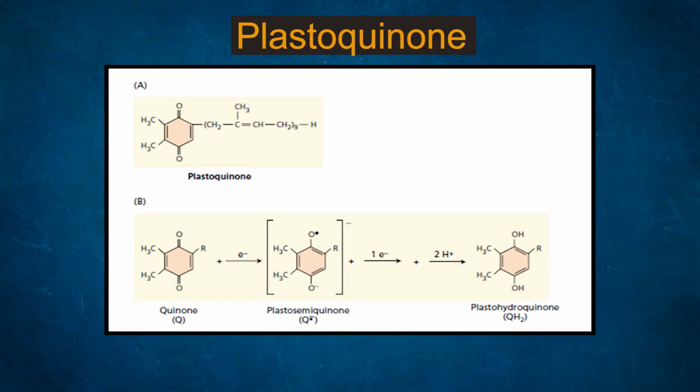So, when 2 electrons and 2 protons are taken up from the stroma, it causes the production of 1 molecule of PQH2. So, 4 photons of light will produce 2 molecules of PQH2. The reduced plastoquinone is a small molecule, and it will now diffuse into the thylakoid membrane, and from the thylakoid membrane it will go towards the cytochrome b6f complex.